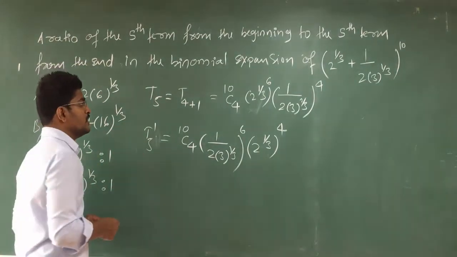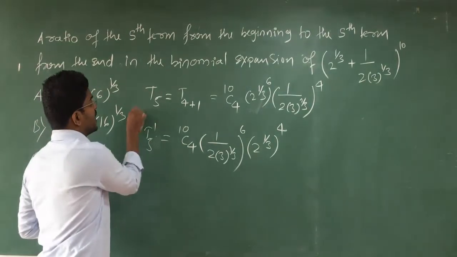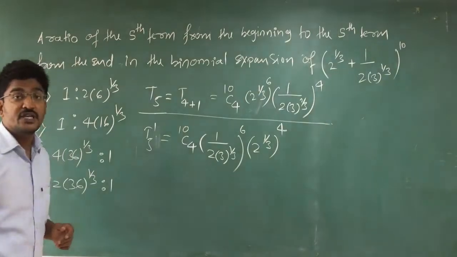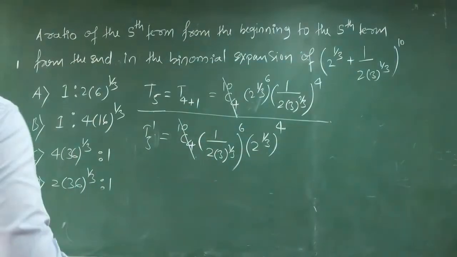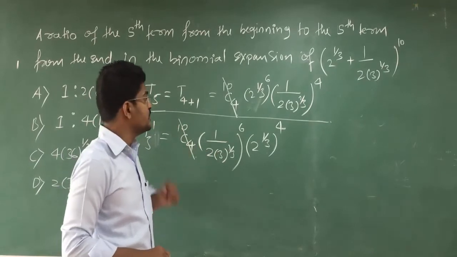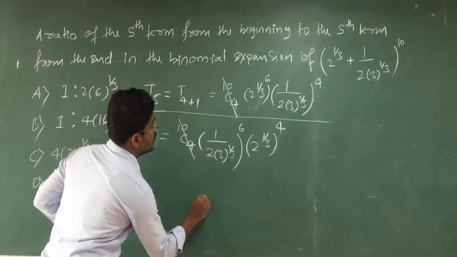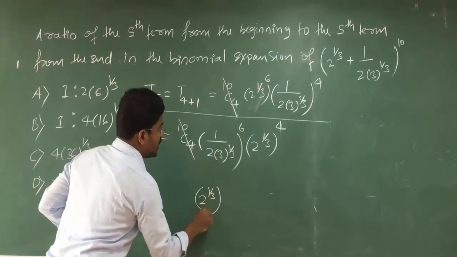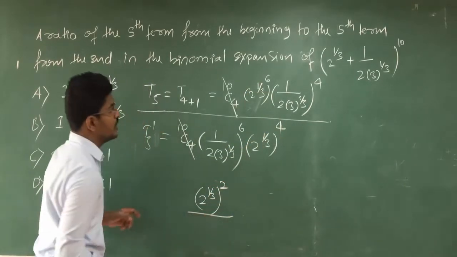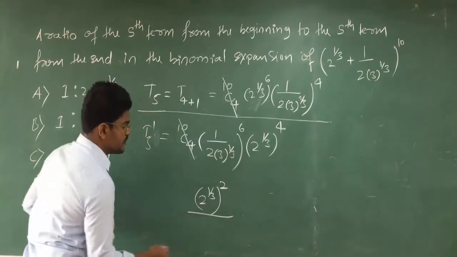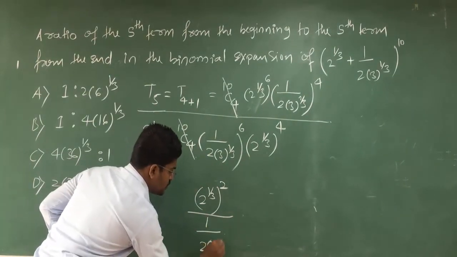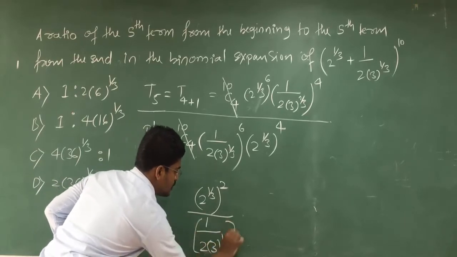Clear? Okay. So if I take the ratio of this, okay students, now if I simplify this, what you are going to have: 2 to the power of 1 by 3, 6 and 4, I will get 2 divided by, see this term, if I simplify you will get 1 divided by (2 into 3 to the power of 1 by 3) whole square.